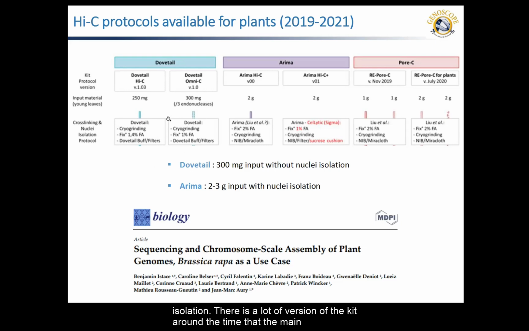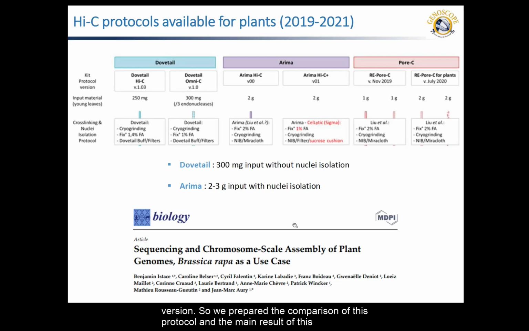There are a lot of versions of the kits around, but the main difference between the Arima kit versions was the use of the CelLytic Sigma protocol to separate the nuclei, because in the past it was a more manual version.